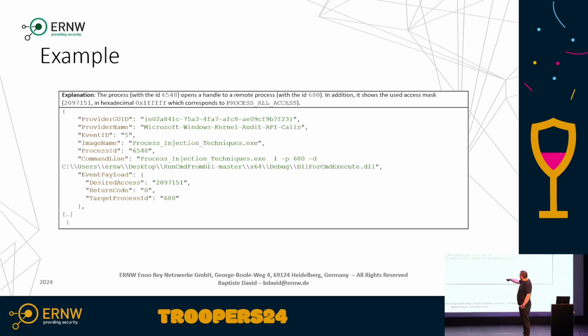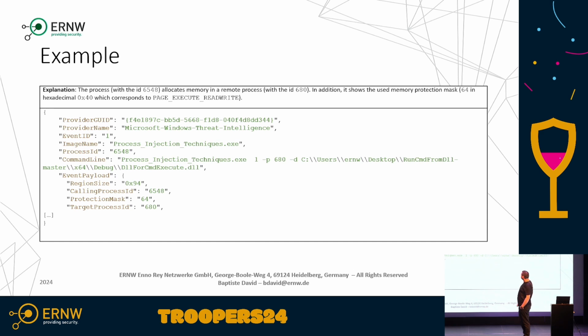You have the provider GUID, so which one is providing information? That's the one we have targeted from the beginning. And then you have the name of our process, the command line of our process, relevant arguments for that process, and event ID. And the event ID tells us that in this context, it's an open process action.